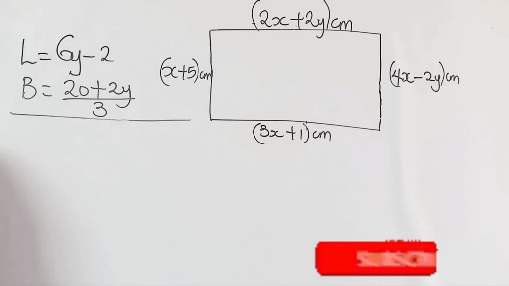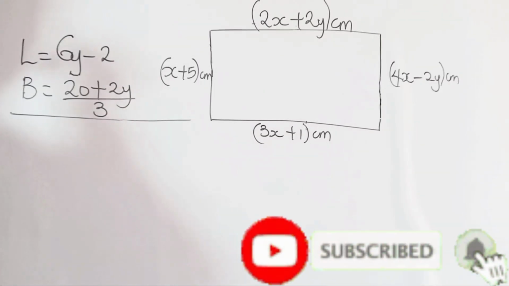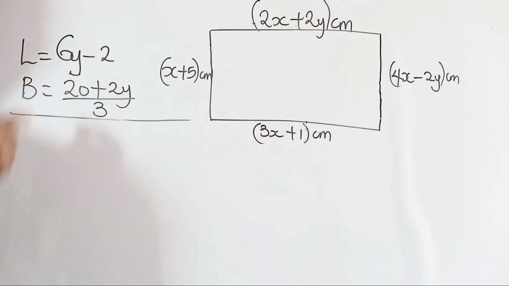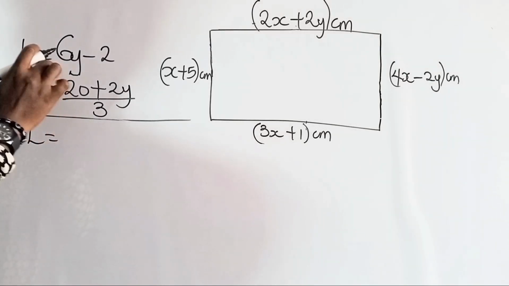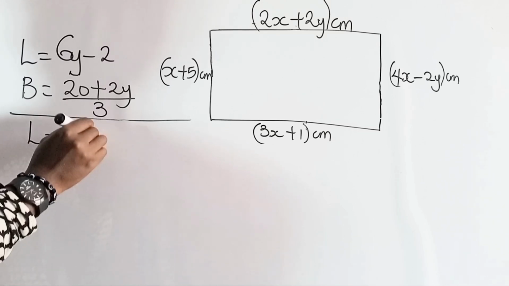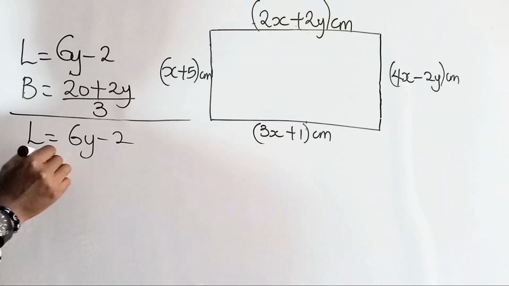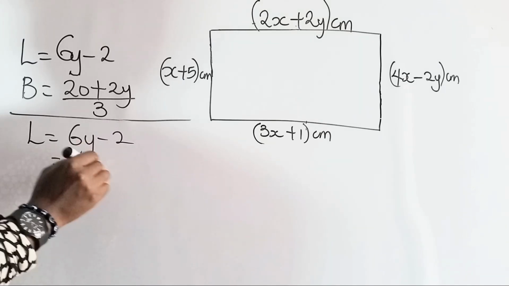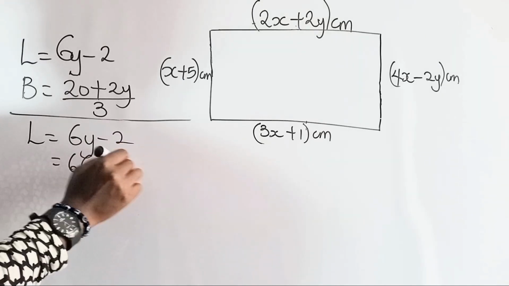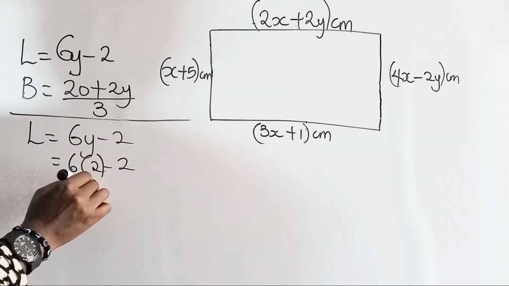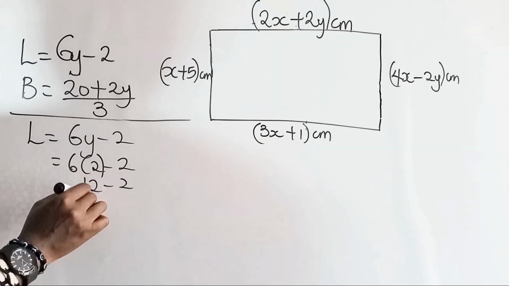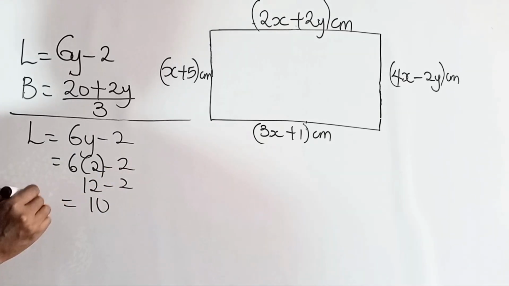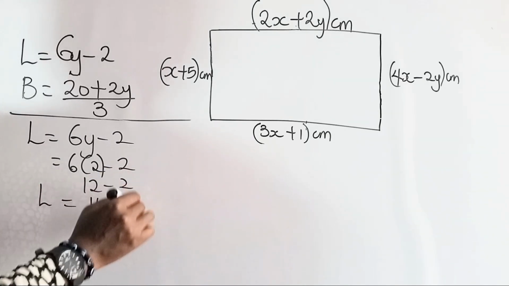Now that we have the value for y, we are going to plug it into this length and breadth to find the area. The actual length we have is 6y minus 2. So if we substitute 2 for y here, it becomes 6 times 2 minus 2. 6 times 2 is 12. 12 minus 2 will give us 10. So now our length measurement is 10 cm.